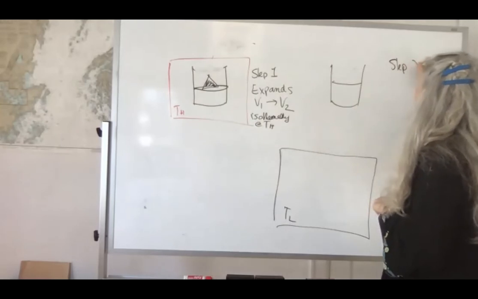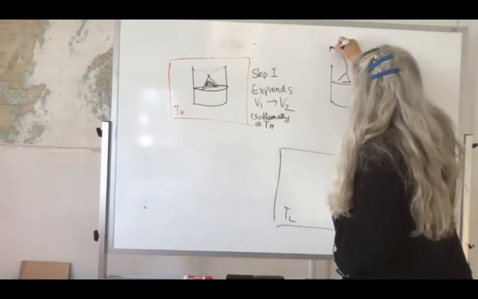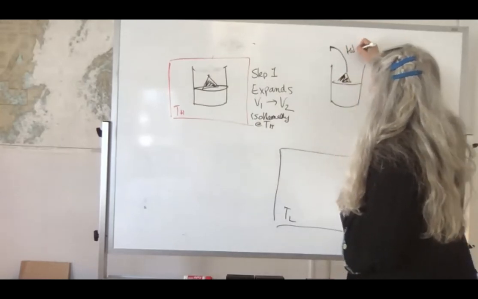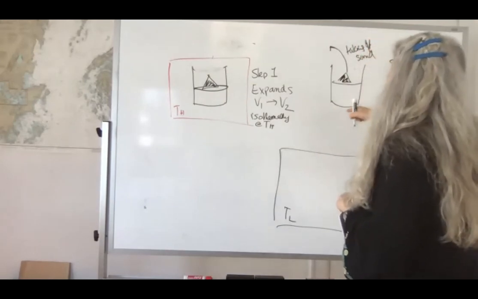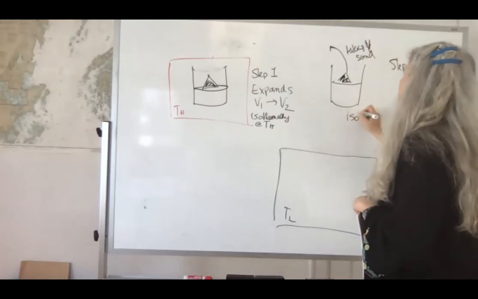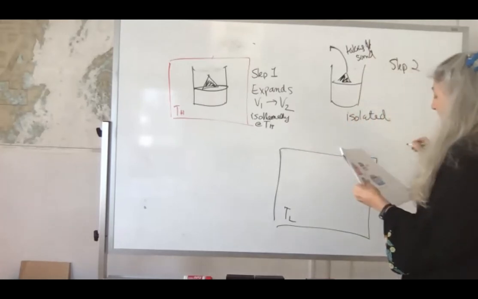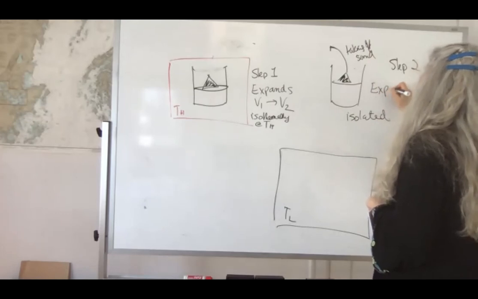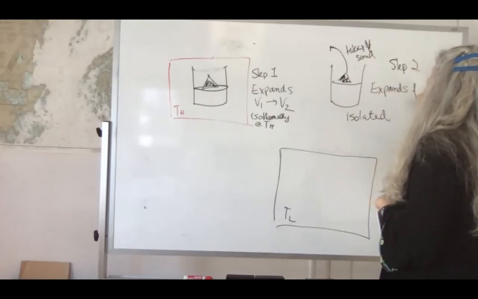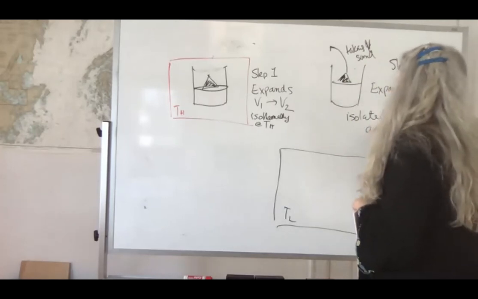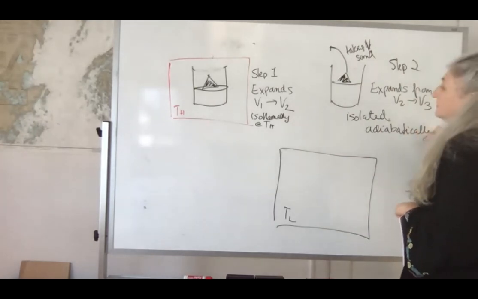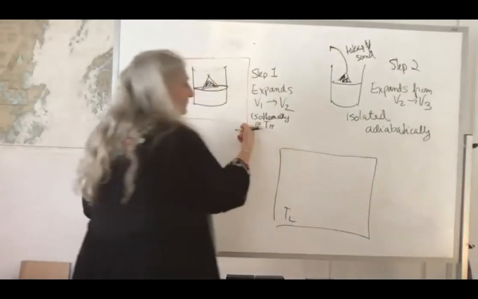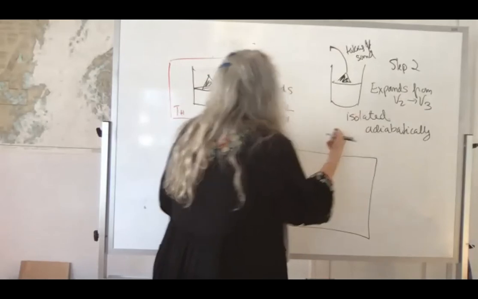Step 2, that's when we take the sand off, and now it's isolated, and it expands from V2 to V3, but this is adiabatic. So this is an isothermal expansion, that's an adiabatic expansion.